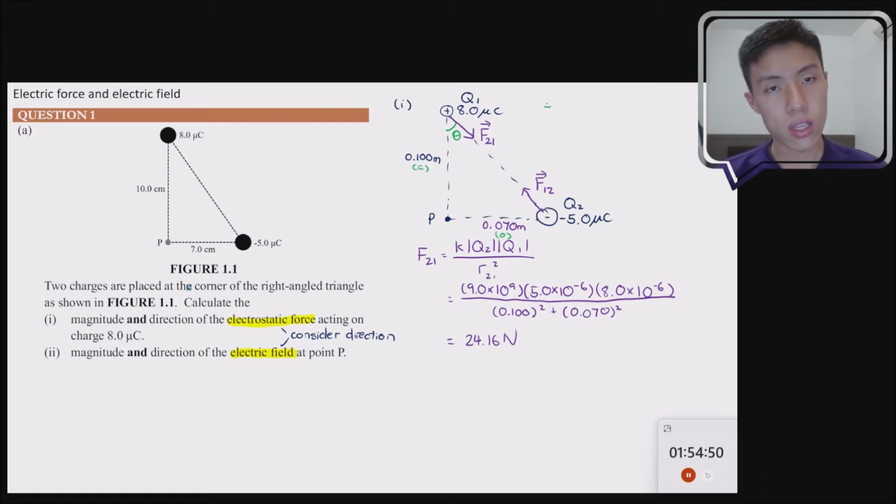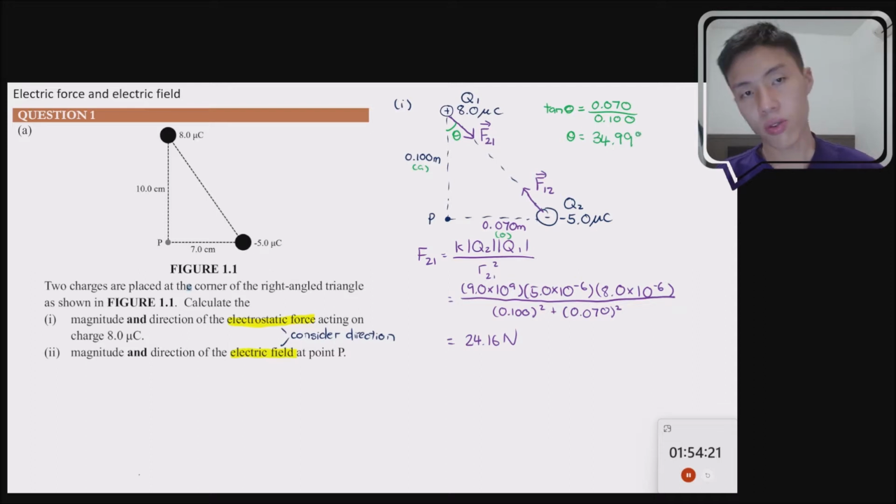So we can do tan theta equals opposite over adjacent. Opposite is 0.070. Adjacent here is 0.100. So from here you can find theta to be equal to 34.99.